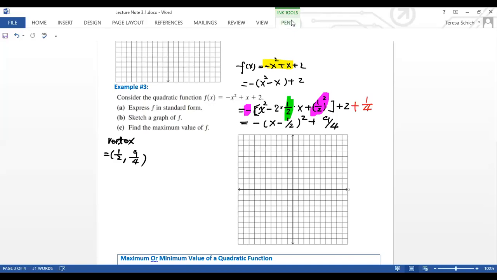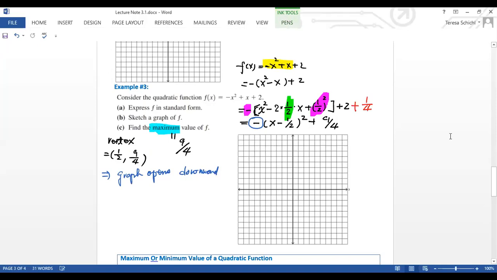And because here the a is negative, so what happened here? My graph is going to open downward. If I open downward, I'm going to have a maxima value through here, right? So what is the maxima value? I already calculated the k, so the maxima value is 9/4 here.